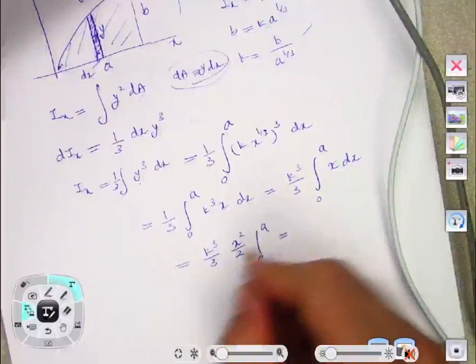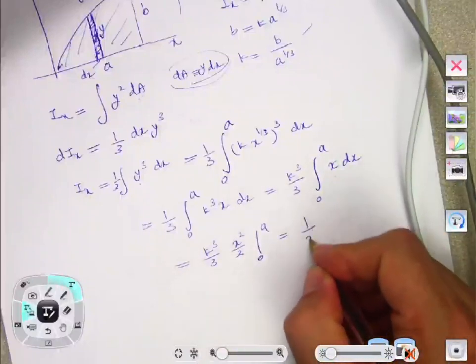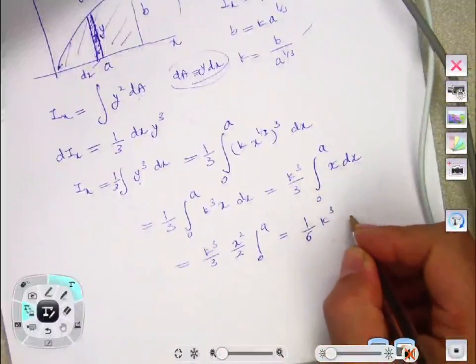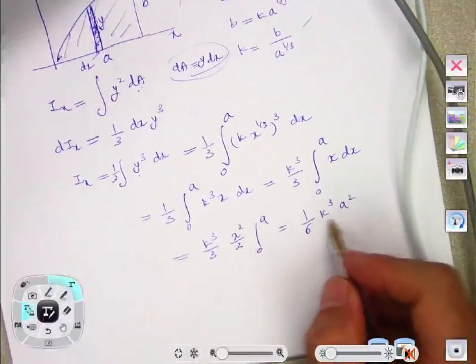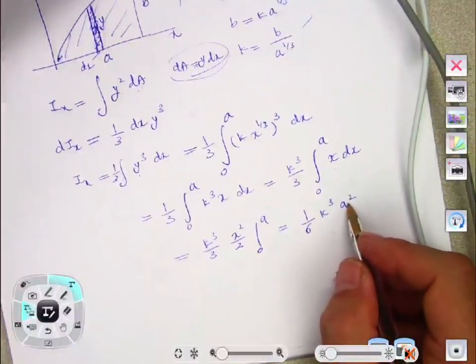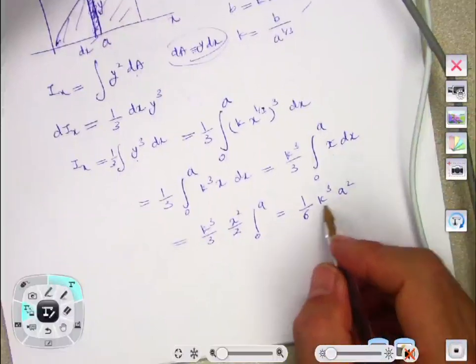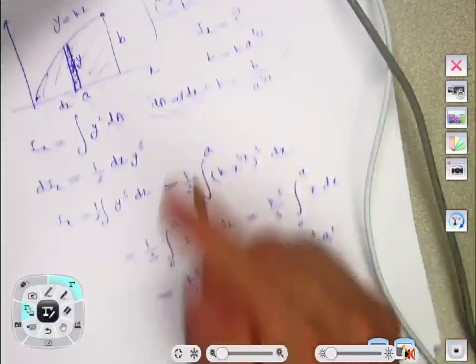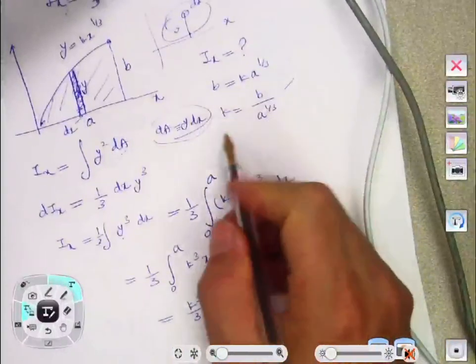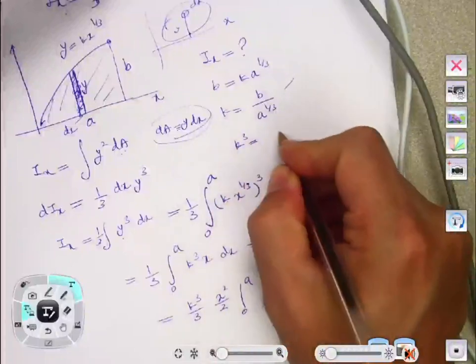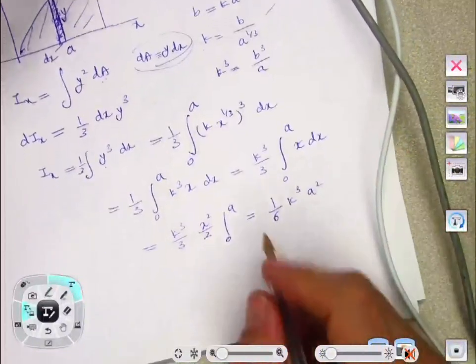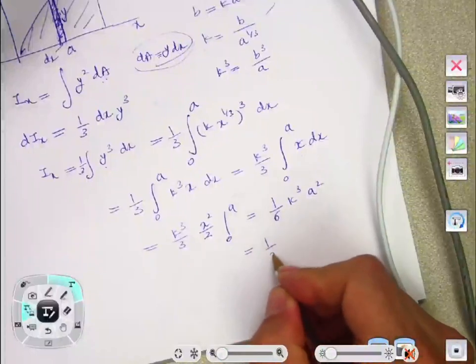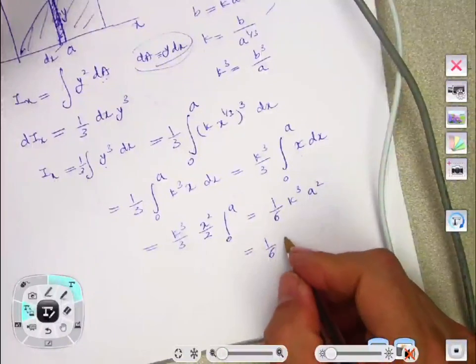So this is what I'm going to get. My integral gives me 1/6 of k cubed times a squared. We can simplify this further. Look here, k is b divided by a squared, so if I want to find k cubed, it's going to be b cubed divided by a to the sixth. Let's put it here. Now my answer gets simplified a little bit.